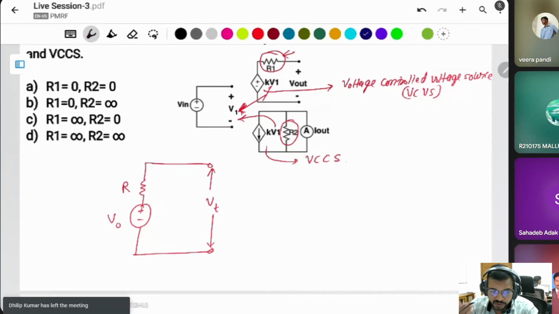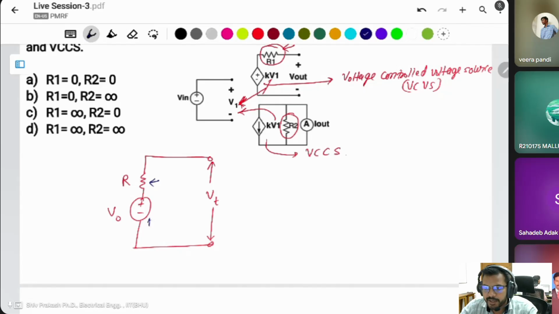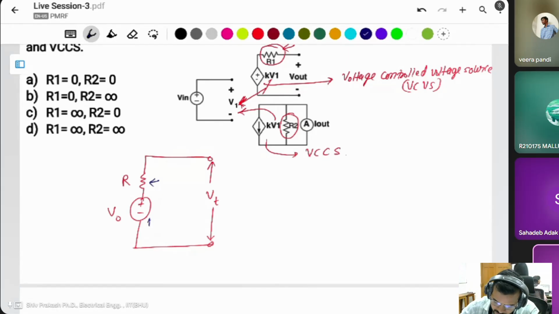Any voltage source has some internal resistance which is shown here as R. This is the voltage source, like a battery. A battery has some internal resistance which is connected in series. The representation of that internal resistance is in series with the battery.